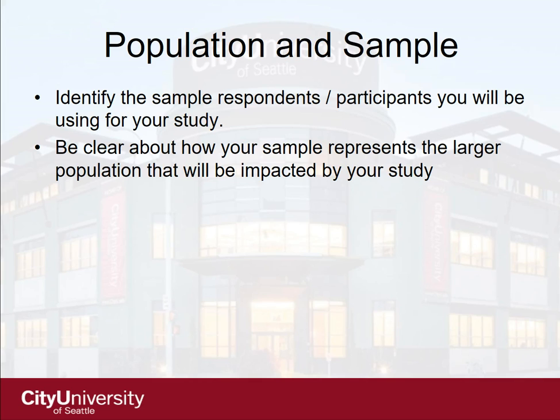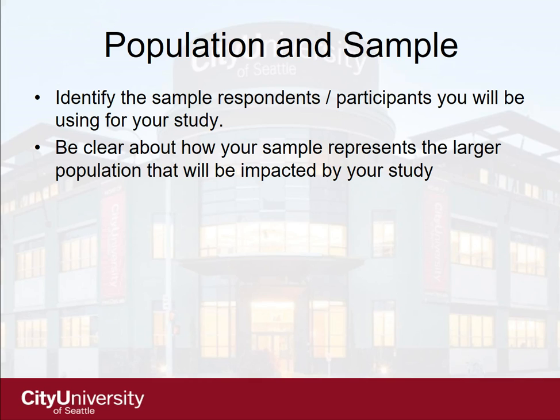Now your population and sample is your next section in the prospectus table, and the population and sample should be who are going to be your participants. Identify the participants, identify your population. My population is going to be all engineers who were born between 1950 and 1960, for example.